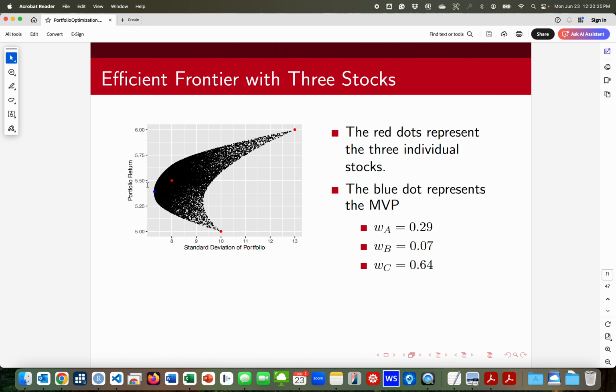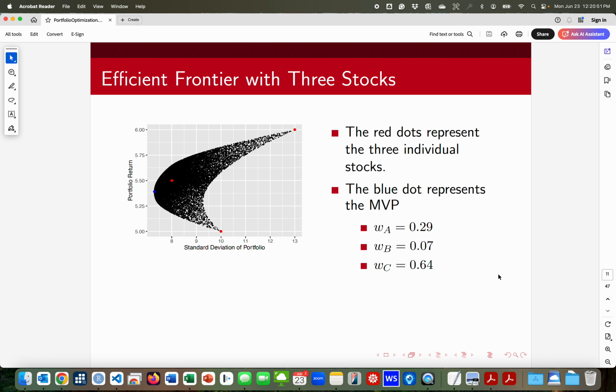And it's going to be somewhere between 5.5 and 5.25%. So that's how we would find the actual return for that blue dot. But the overall idea is simple. Given you have 3 choices, or 4 choices, or 10 choices, what's the appropriate combination of those choices to give me the least amount of risk possible?